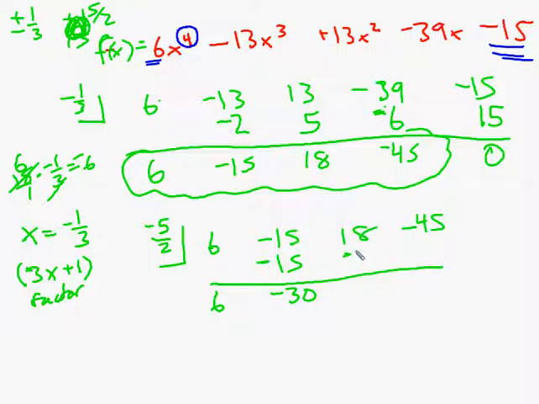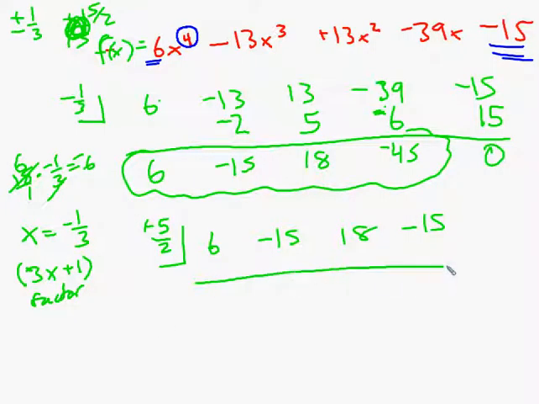Negative. And then at this point I can see there's no way I'm going to get a 0 here. So I'm not going to waste my time. I see right away that that's not going to work out. So I'm going to do positive 5/2. See if that works out.